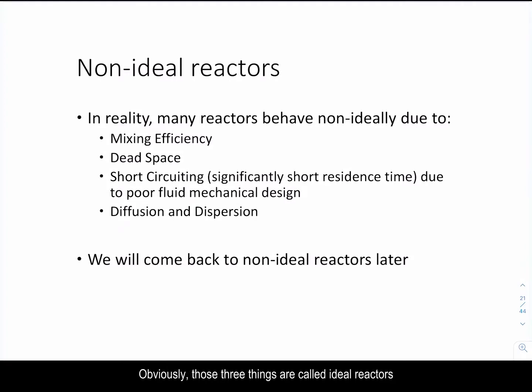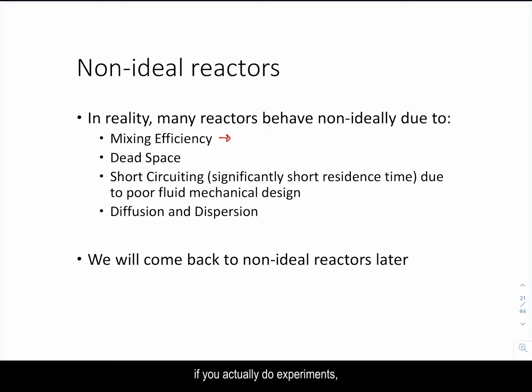Obviously, those three things are called ideal reactors because they are in an ideal form. And in reality, many reactors do not behave ideally. Okay, and some of the reasons may be due to the mixing efficiency. We say it's completely mixed, right? But we don't really have that.